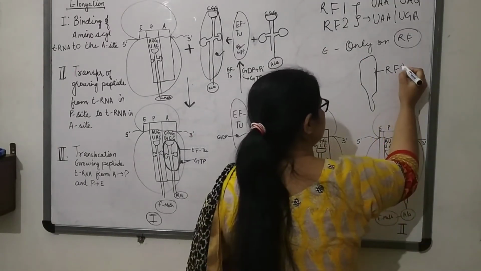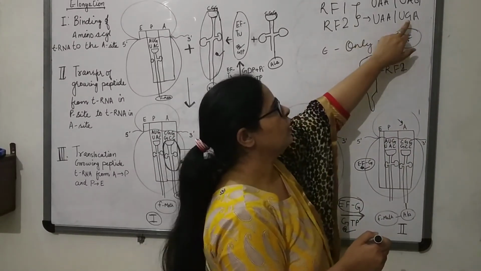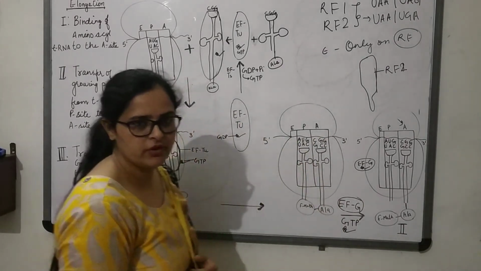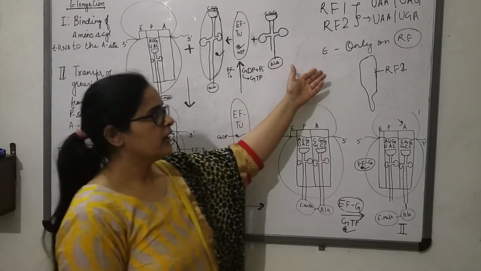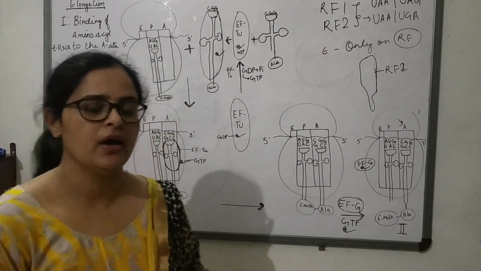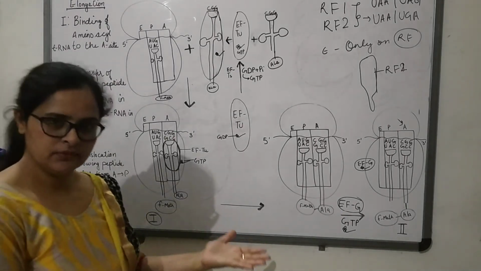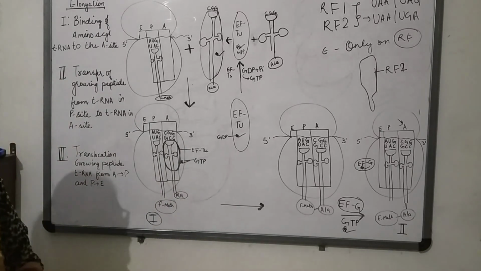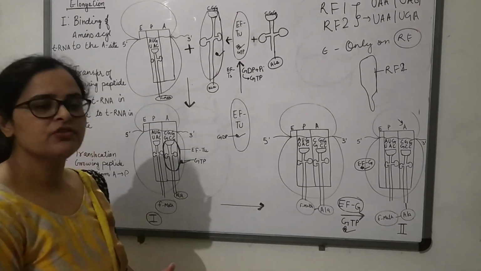If it is RF2, then it will bind to UAA or UGA. It will not bind to the UAG. So they are specific in case of the prokaryotic system, but in case of eukaryotes, only one type of release factor is involved, which helps in termination of translation. Okay, this is the translation and it is finished now.